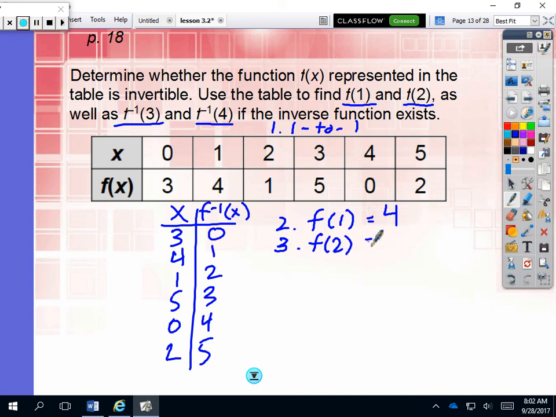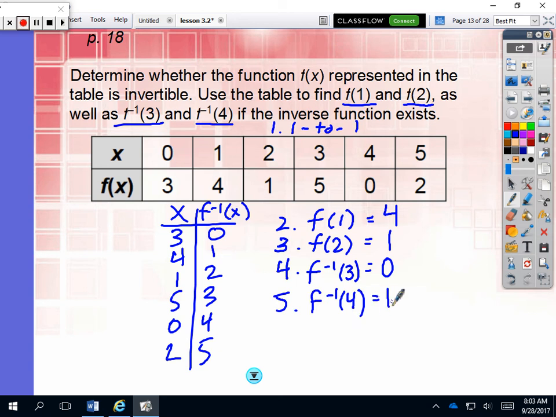So I'm using the same table, and that equals 1, 2, 1. Number 4, find f inverse of 3. Well, for f inverse of 3, I need the inverse function table, and it would be 0. And number 5, find f inverse of 4, same table, and it's going to be 1.